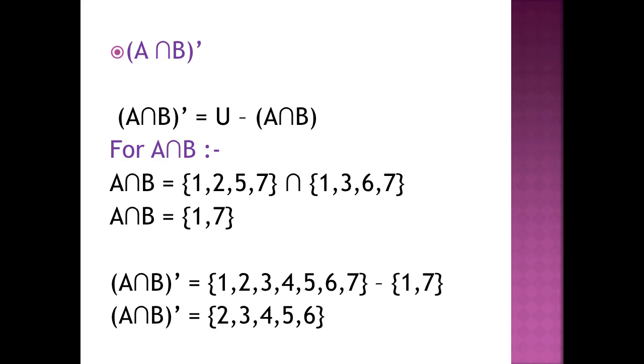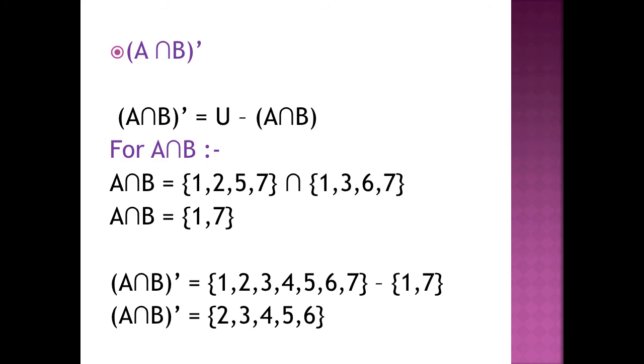For A intersection B, firstly we will find the value of A intersection B. A intersection B is equal to, I will write the set of A intersection the set of B. A intersection B contains the common elements between A and B. What are the common elements in these two sets? 1 and 7. These are the common elements. A intersection B is equal to {1, 7}.